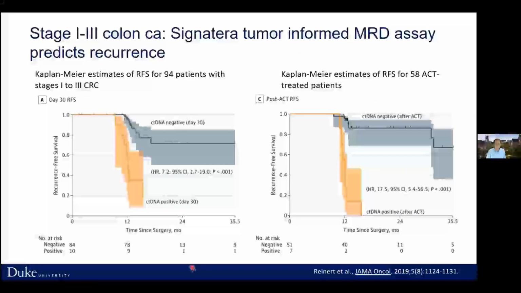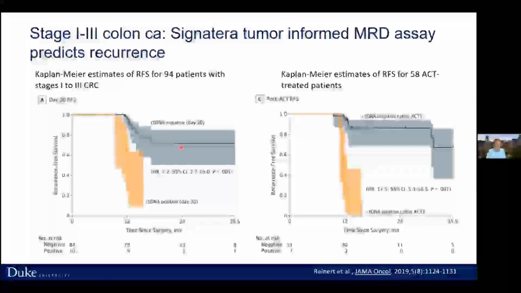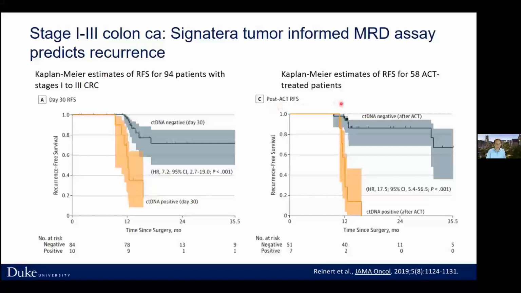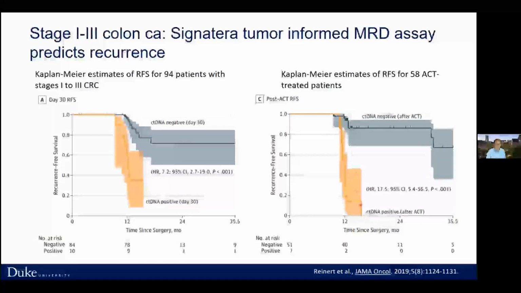And we already showed the Japanese data for relapse-free survival after that single postoperative time point in stage 1 through 3 colon cancer. We know it's a strongly prognostic assay, but this is really your patient here. These are people who complete adjuvant chemotherapy, and if you're negative after adjuvant chemotherapy, you can see fairly good relapse-free survival, but all the patients in their data set recurred over a short period of time.